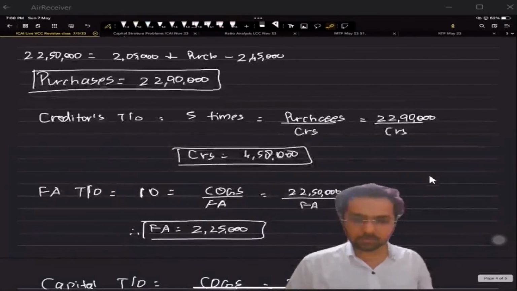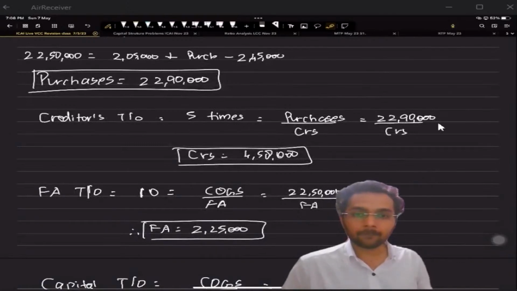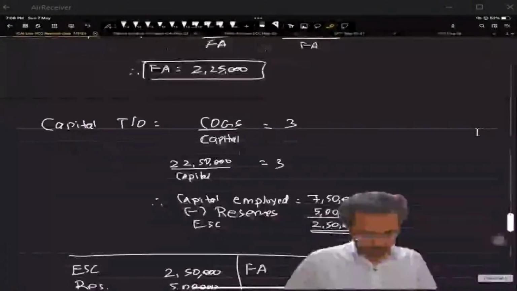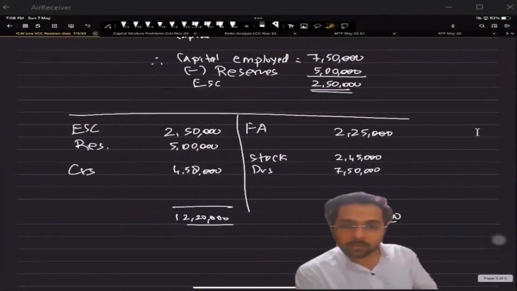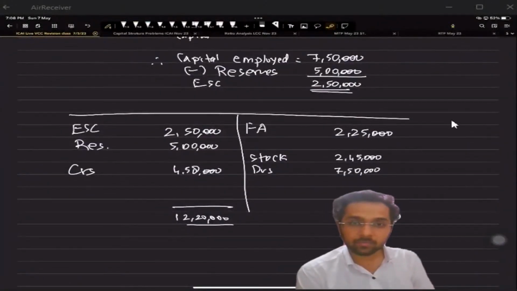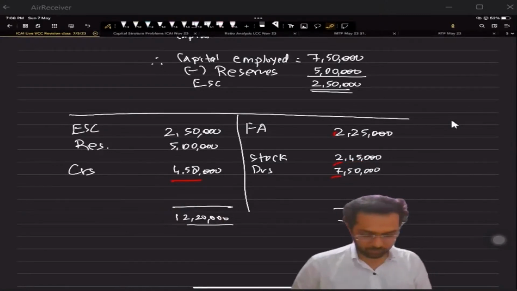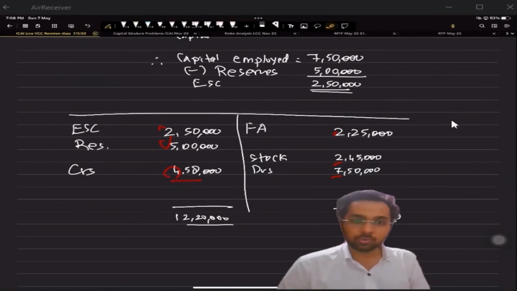Payables we get in this, 14,58,000. The solution seems to be a bit incorrect this time. 7 plus 2 plus 2, you have 12, and then 5 plus 4 plus 2.